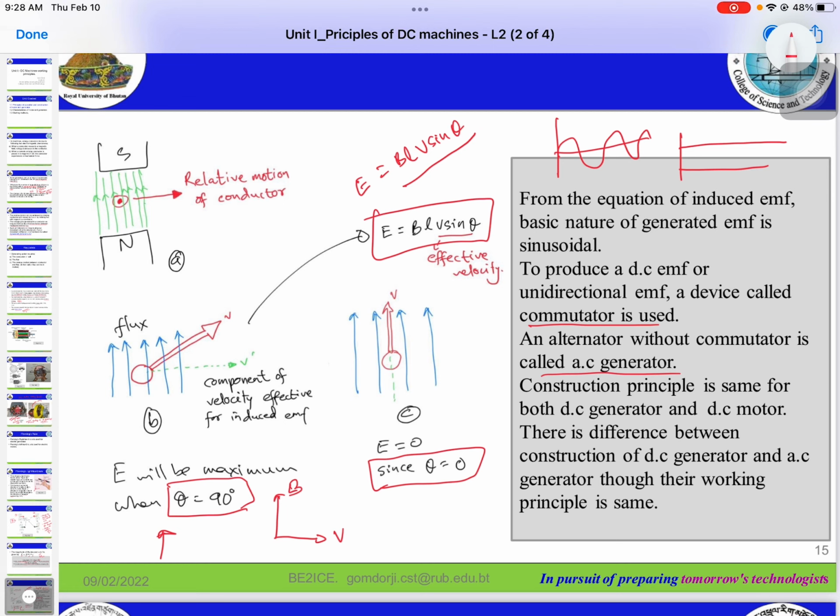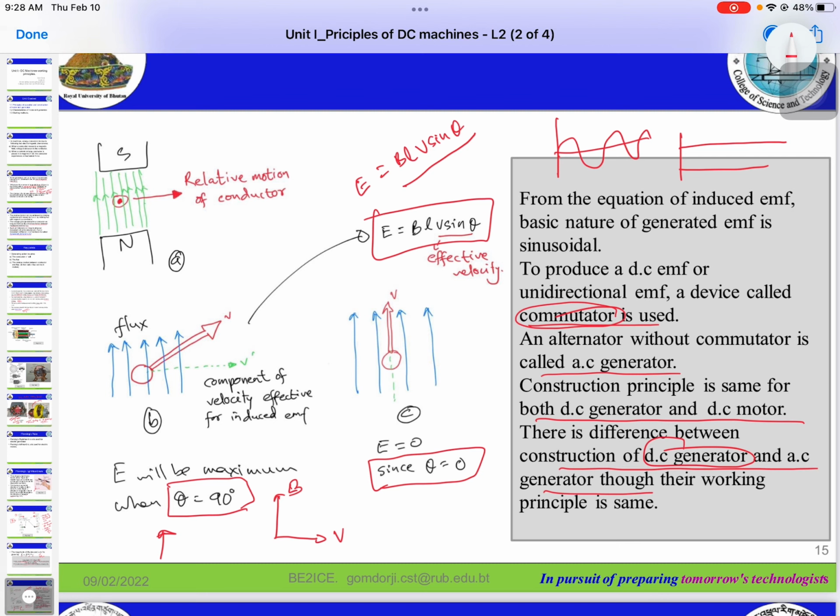The construction principle is the same for both the DC generator and the DC motor. There is a difference between the construction of the DC generator and the AC generator, though their working principle is the same. That difference is the usage of the commutator.